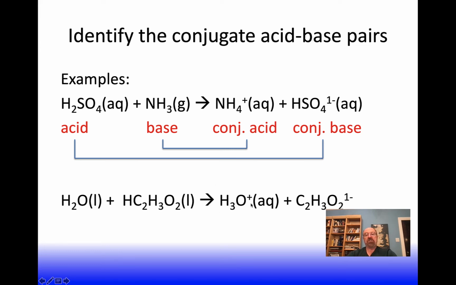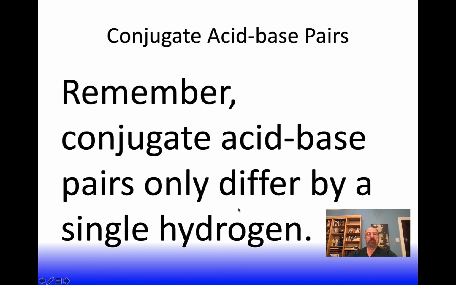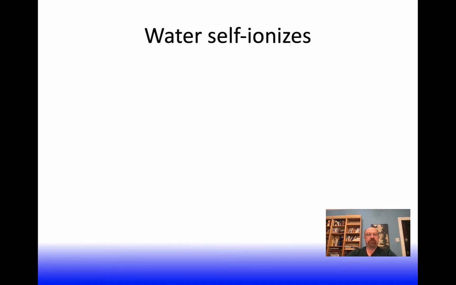Over here, this has got to be the conjugate acid, because in the reverse reaction, you can see it loses a hydrogen, and the acetate ion has to be the conjugate base. If we're connecting them, the acetic acid would connect to the acetate ion, and the water would connect to the hydronium ion. Now, the key thing here is conjugate acid-base pairs only differ by a single hydrogen. So that's important, as you will see. But that's our clue as to how to figure out whether things are working properly.